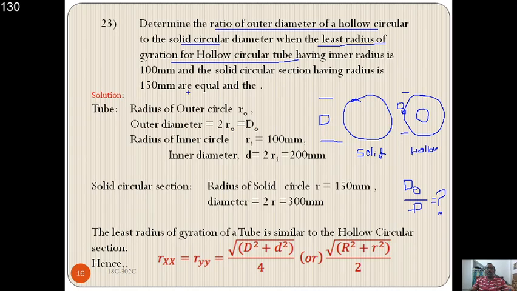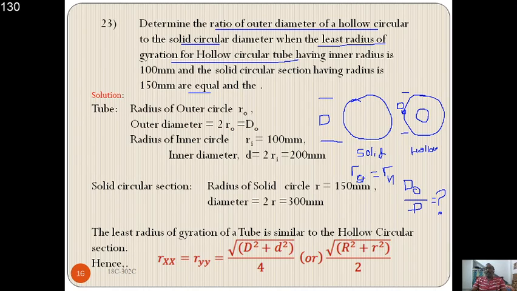That ratio is asked when the least radius of gyration of the hollow circular tube and the solid section are equal. That means the radius of gyration Rs of the solid is equal to the radius of gyration of the hollow.